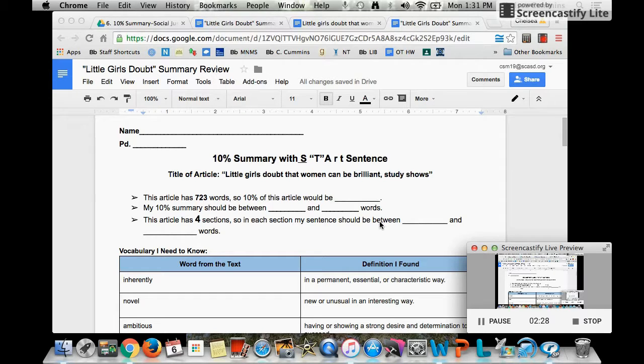So if I divide 68 by 4, I get 17, and 76 by 4 is 19. So anywhere between 17 to 19 words. But that's give or take. You want to make sure that you've got all of the points in each section for your summary. So please fill that in now. You may pause and make sure you've got those numbers in.